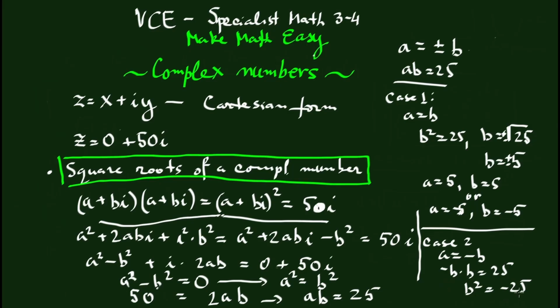You can't find two numbers like that, so case 2 is not valid. That's impossible for real a and b.